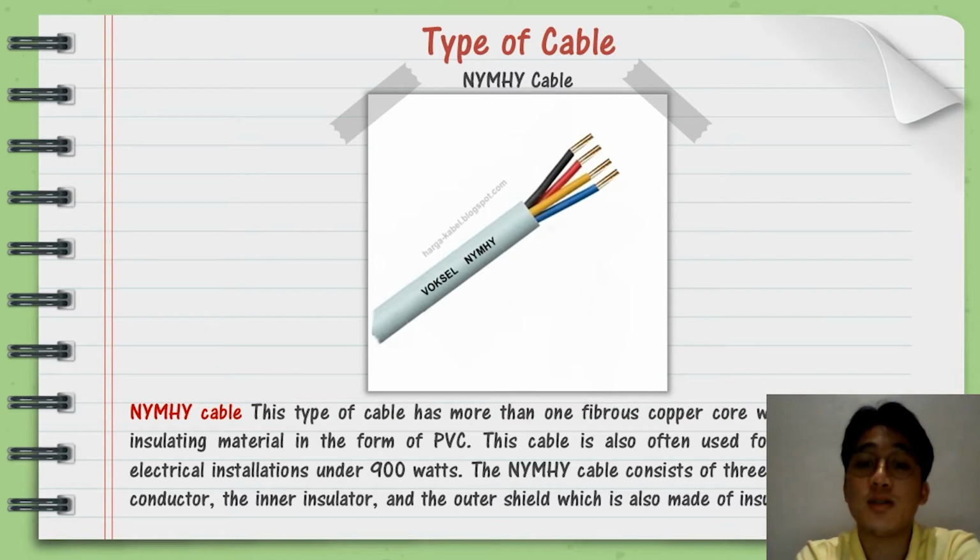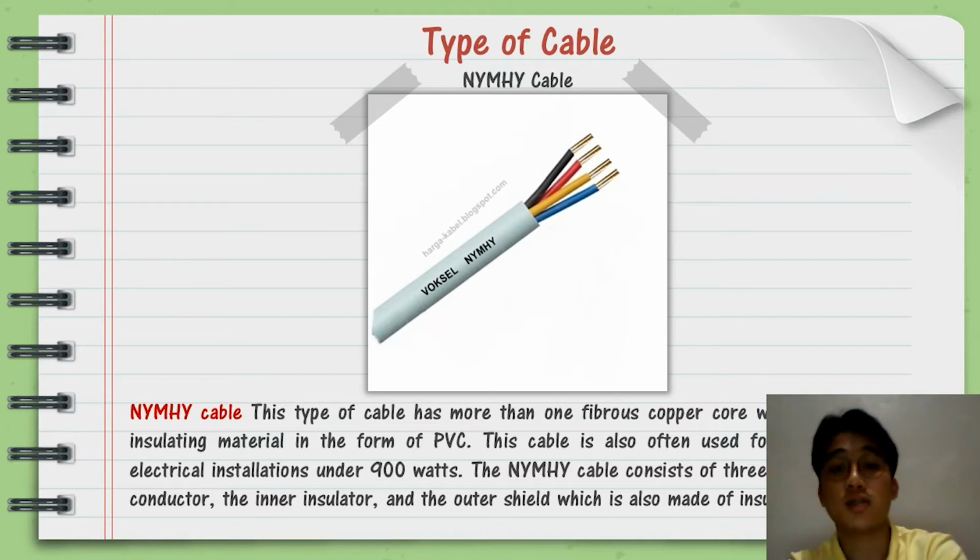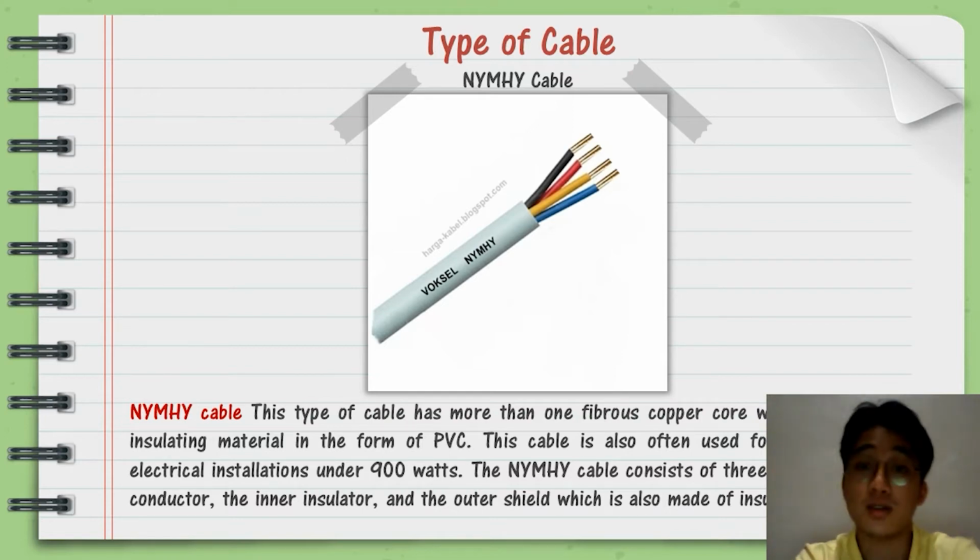This cable is also often used for household scale electrical installations under 900 watts. The NYMHY cable consists of three parts, namely the conductor, the inner insulator, and the outer shield, which is also made of insulating material.